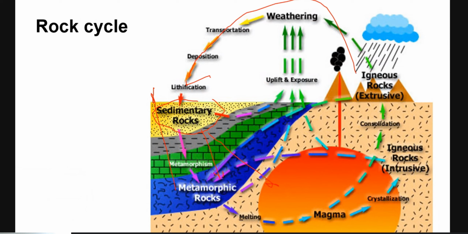All rock types are played by nature in a cyclic form. Today it is sedimentary, then after a million years, through tectonic subduction or any other process, it will convert into metamorphic, or again if pressure and temperature increase, it will convert into magma and igneous rocks, and vice versa.